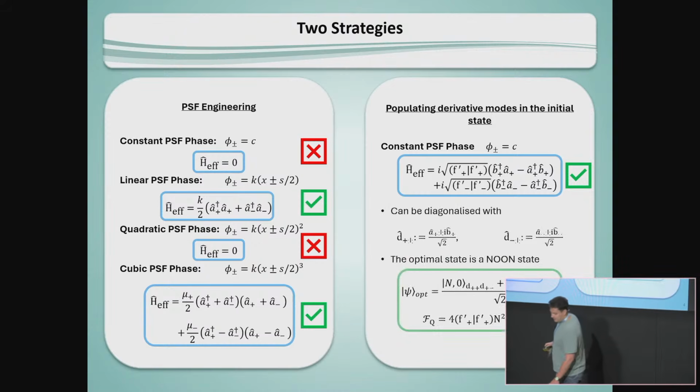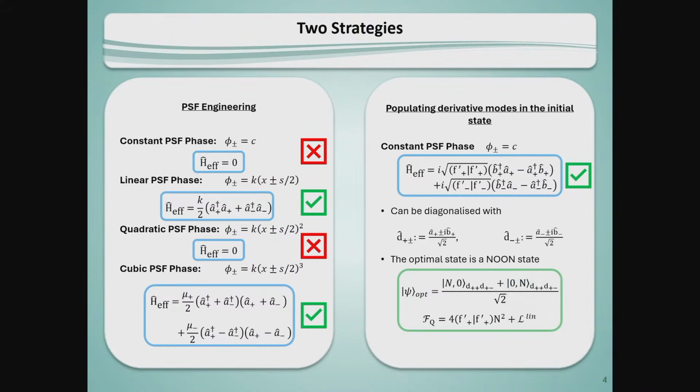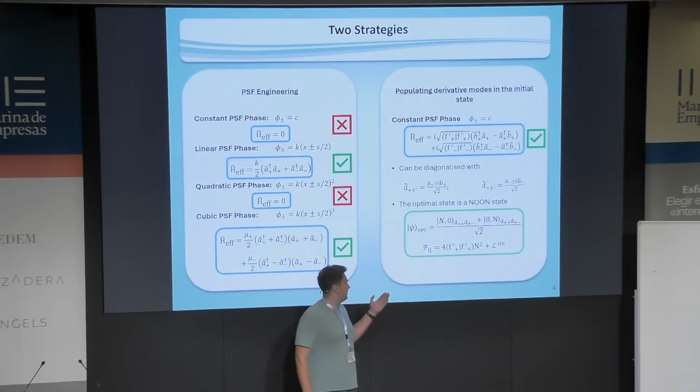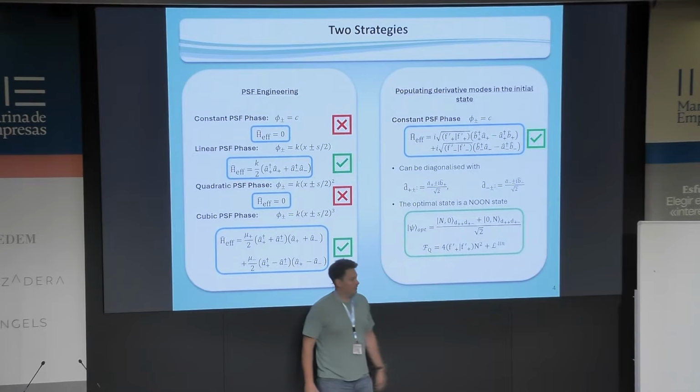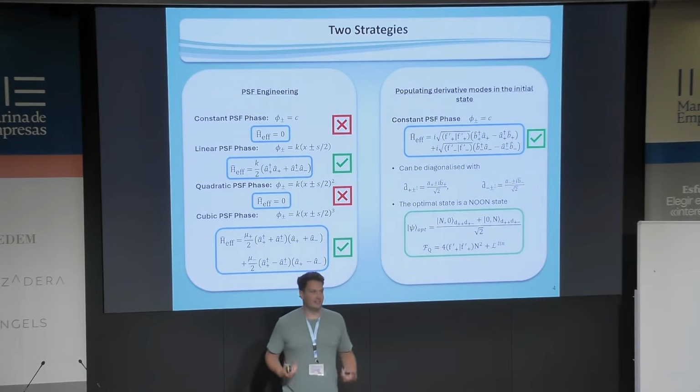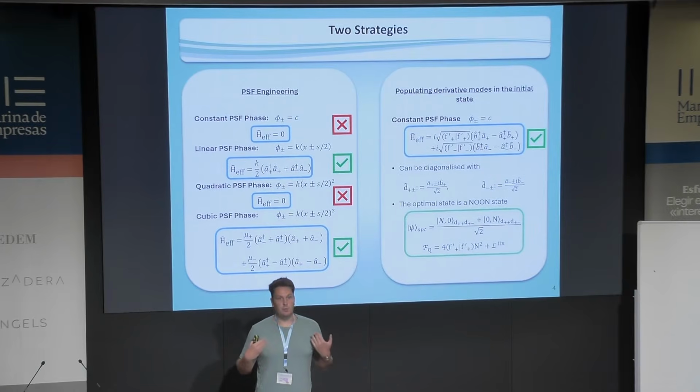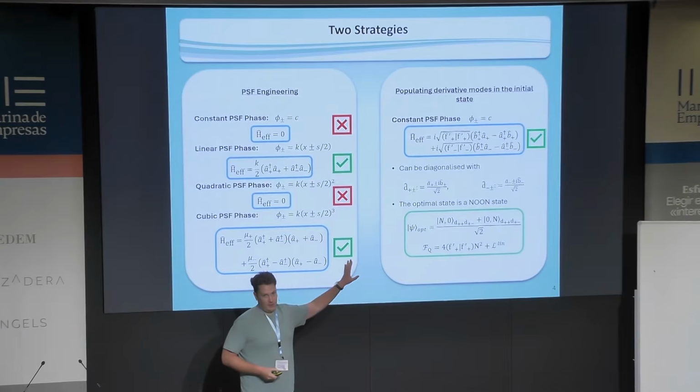So that you can diagonalize nicely, and you immediately get a nice optimal state and the desired n-squared scaling in the quantum Fisher information. So you get a sensitivity that scales better than what you would be able to obtain with any classical method. But this is ignoring the environment.